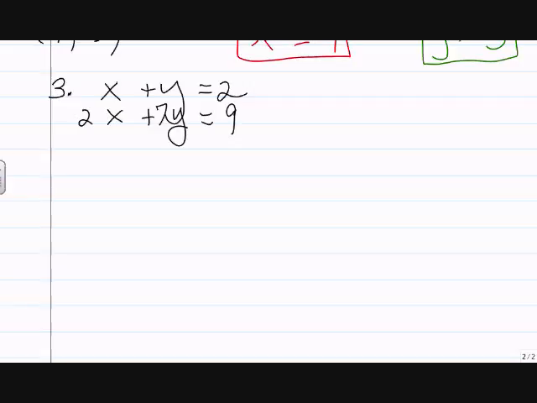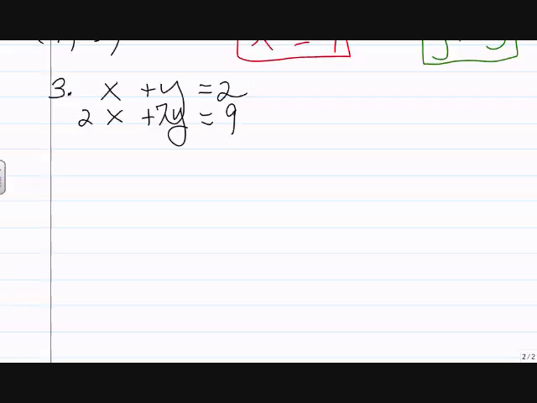So what number would you like to multiply the top equation by? -7 would work, or -2 would work. It'll work either way in this case. Okay, which do you want to do? -2 or -7? -2.